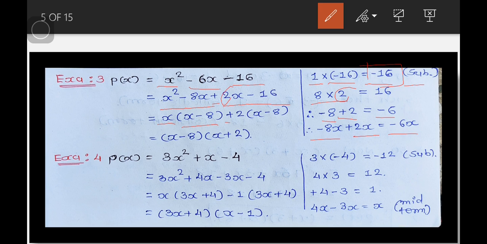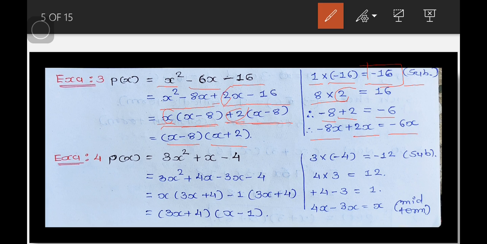So we extract plus 2 and the remaining part is x minus 8. Now we can see that x minus 8 is a common term, so we extract x minus 8 from both groups. So here x minus 8, and in the other bracket x plus 2.